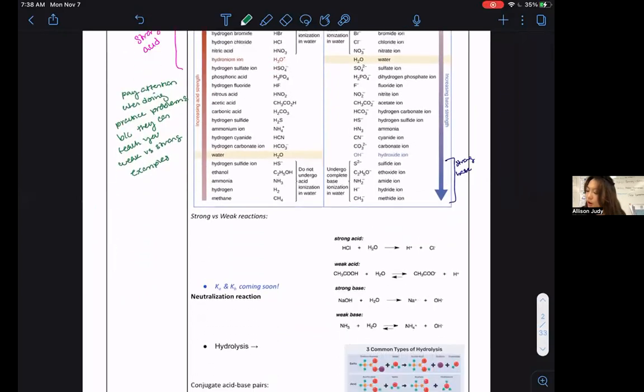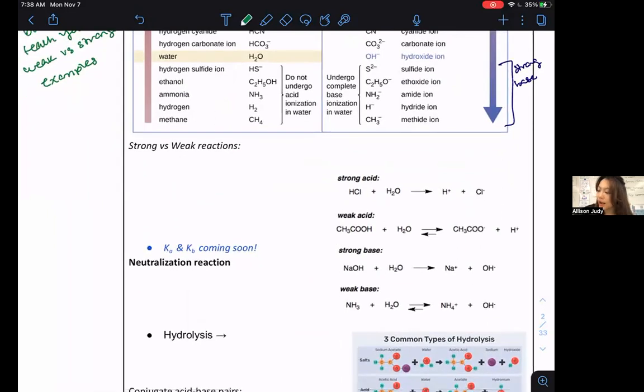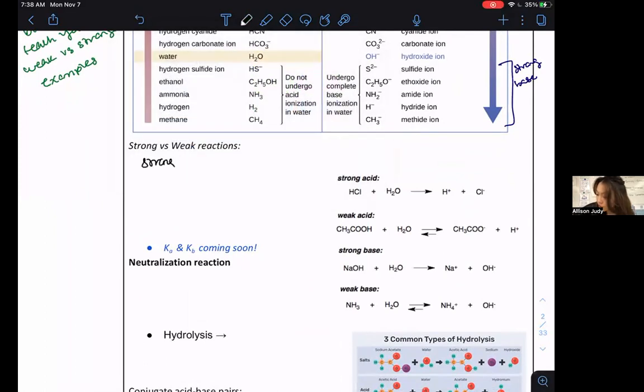Okay, so a quick note about the strong versus weak reactions, and I mentioned this above: for strong acid and strong base reactions, we see that it is irreversible, and we get a single arrow.